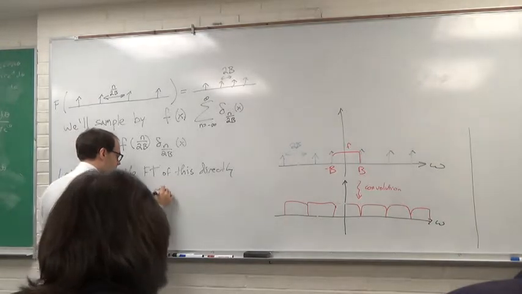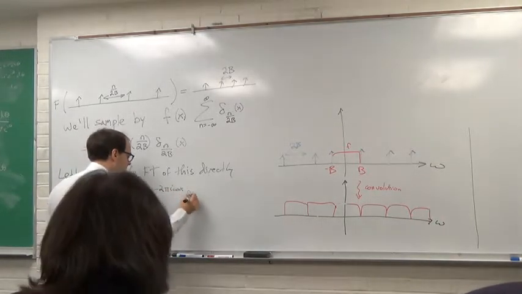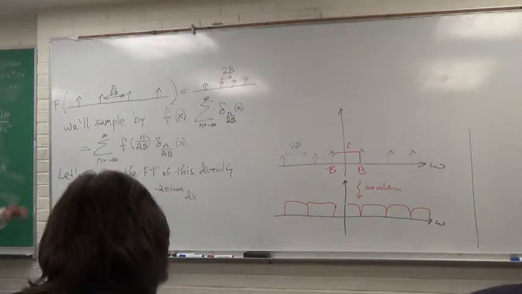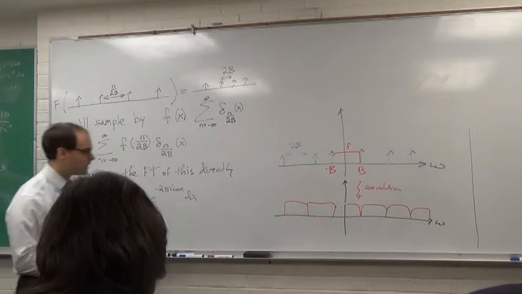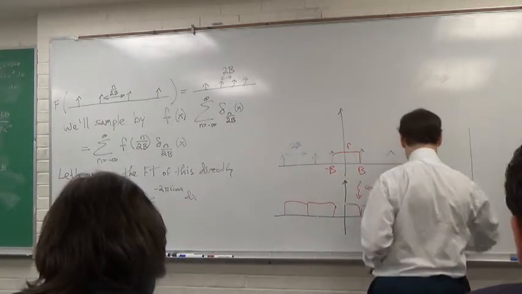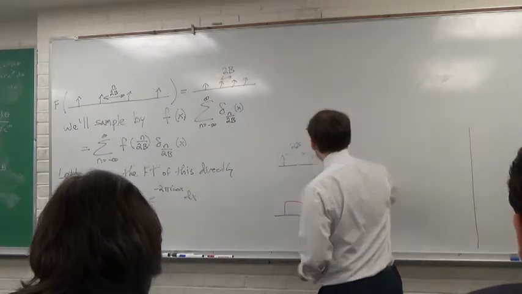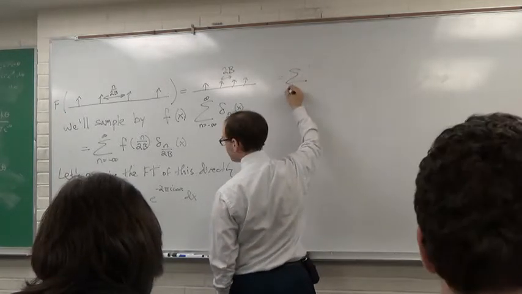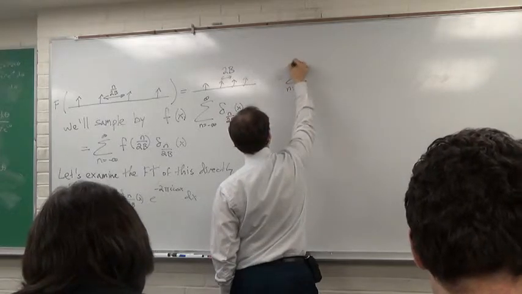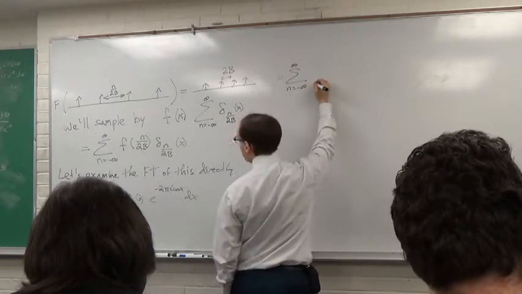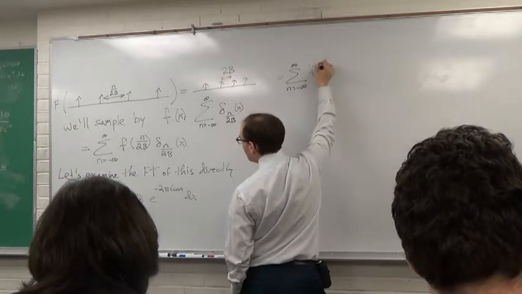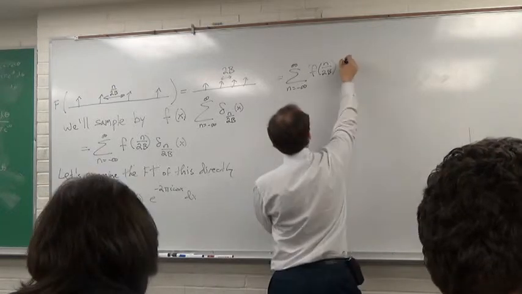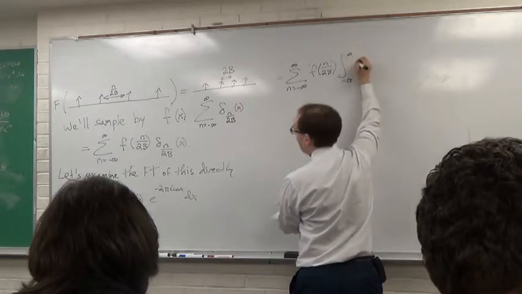E to the minus 2 pi i omega x dx. Again, I want to switch the order of sum and integral. No problem there. I can do that. At least I'm saying I can do that. I can formally do that. Right? Okay. And let's see, there's this f of n over 2b. That doesn't depend on x at all, so that's a constant. Take that out. Okay?